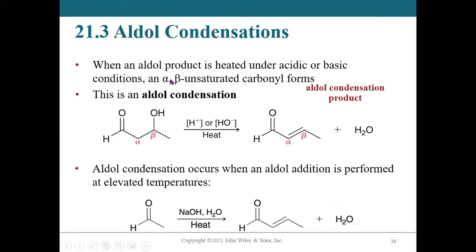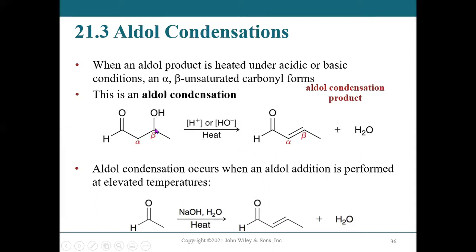When an aldol product is heated under acidic or basic condition, an alpha beta unsaturated carbonyl forms. So this is the aldol condensation, and we see this product before. It comes from the aldol reaction of two acetaldehydes.